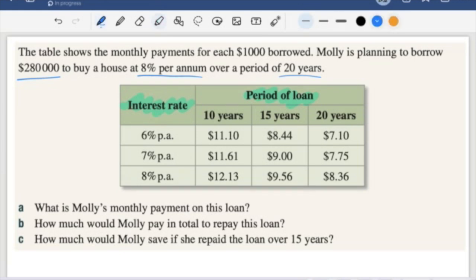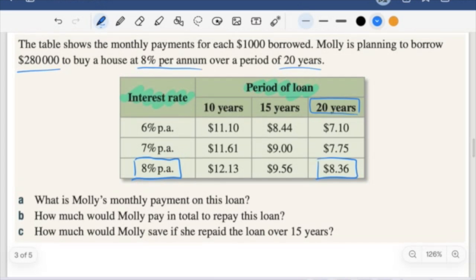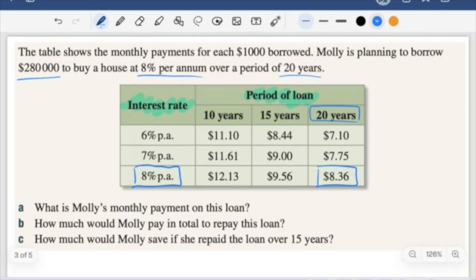So we're going to remember that we have 20 years and this is at 8% per annum. So this is going to be $8.36.